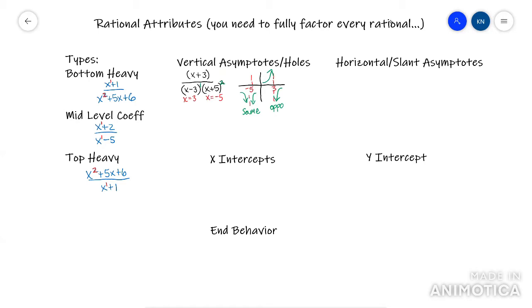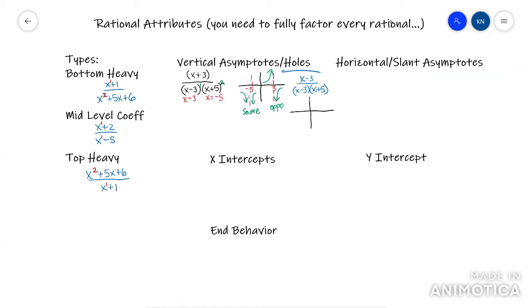Now, holes occur when something cancels. Like imagine I had this one. All right, if this was the new problem, there would no longer be a vertical asymptote at 3.